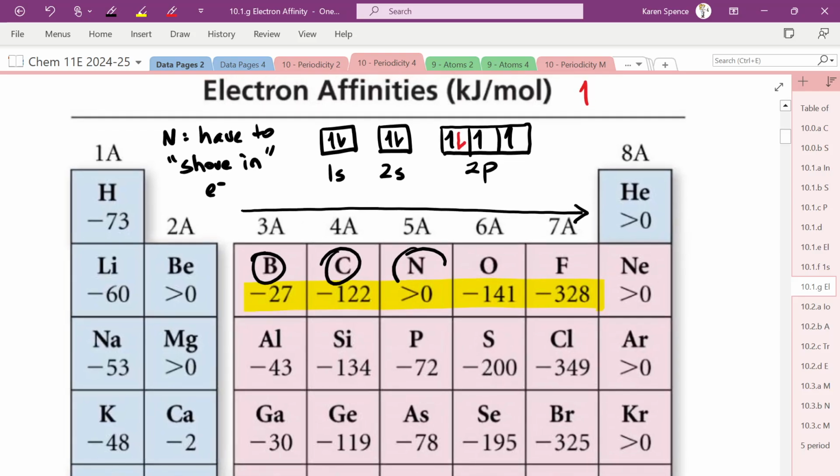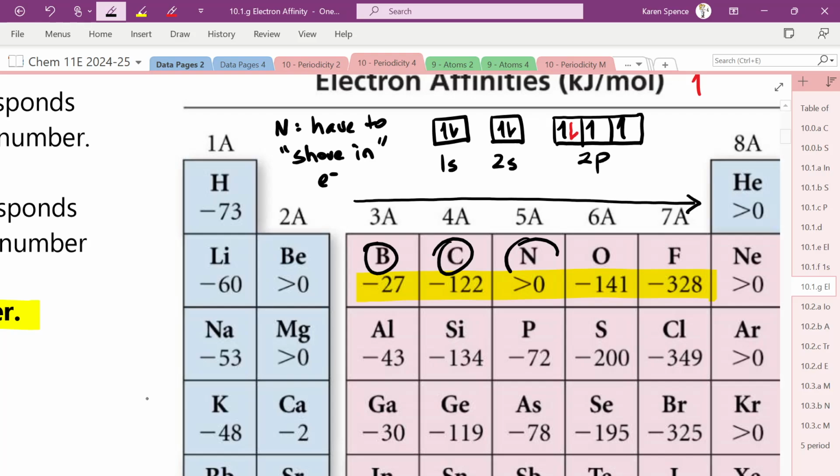Anyone notice anywhere else where we get this big sort of drop as we go from left to right? Beryllium. And let's take a look at what beryllium's electron configuration is. Beryllium is 1s2, and then we have 2s2. Where does beryllium's next electron have to go?